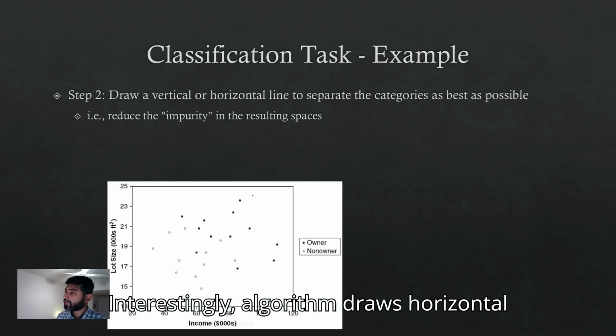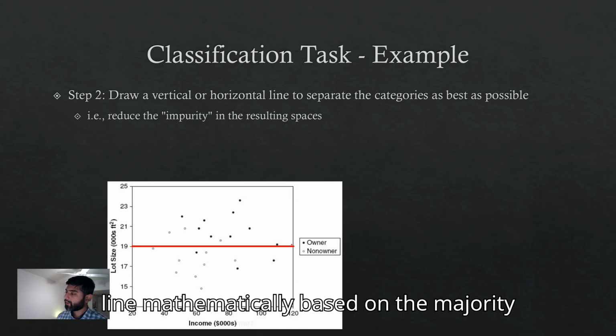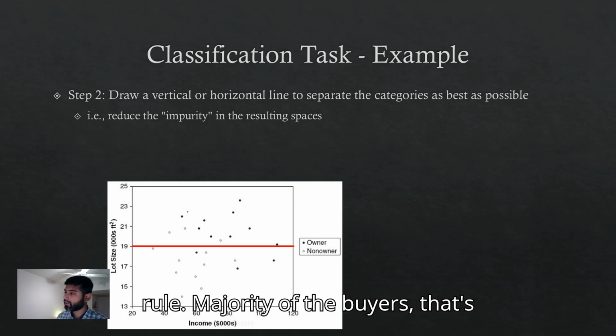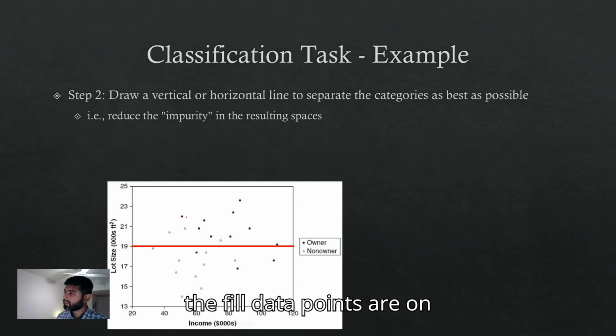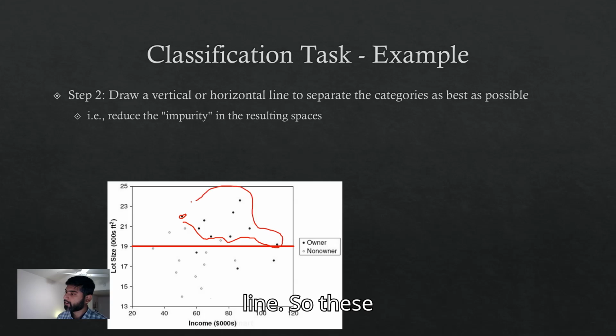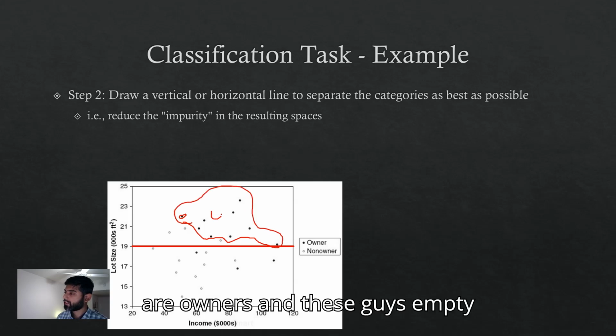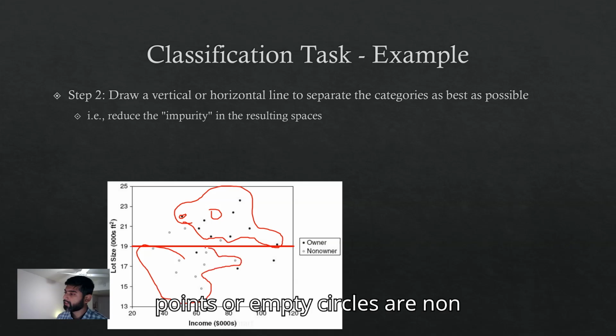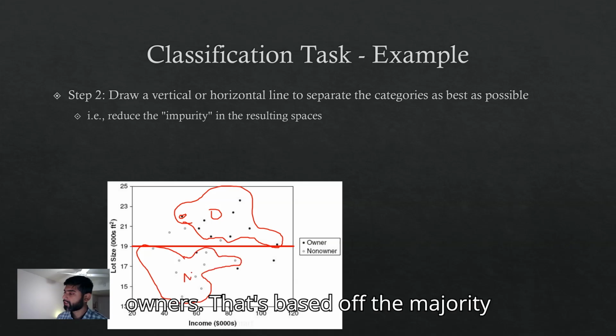Interestingly, the algorithm draws a horizontal line mathematically based on the majority rule. Majority of the buyers, that's the filled data points, are on the north side of this horizontal line. So these are owners. And these guys, empty points or empty circles, are non-owners.